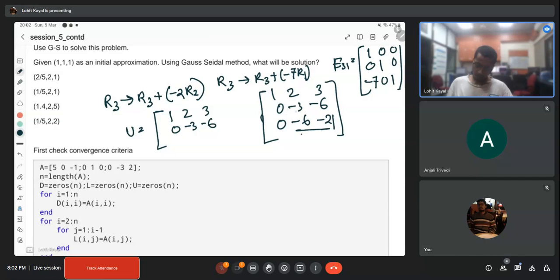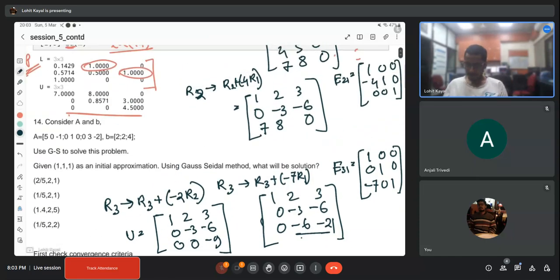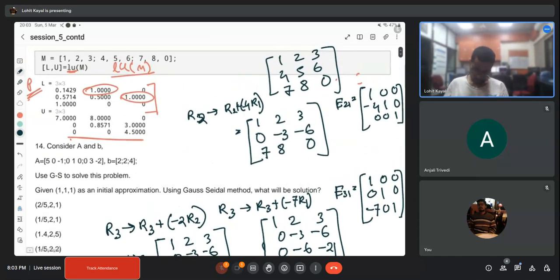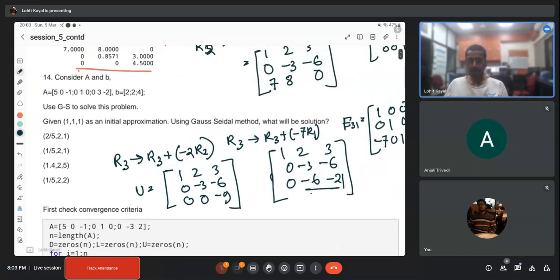Now I have multiplied R2 by minus 2, so it will be plus 6, and plus 12, minus 9. So the resultant matrix is 1, 2, 3, 0, minus 3, minus 6, 0, 0, minus 9.